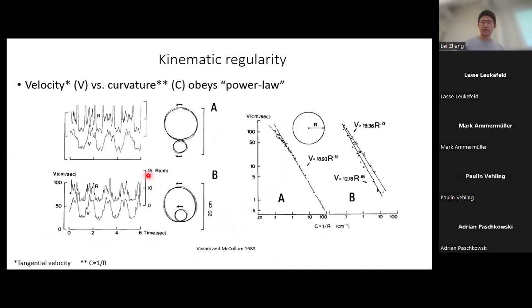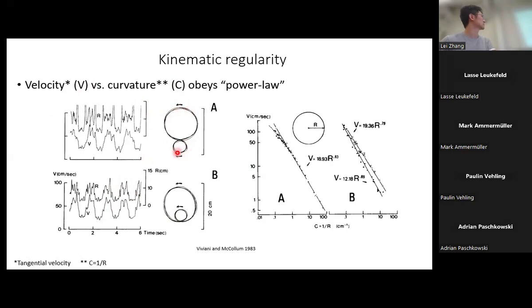Another example is when we make a circular movement, like drawing. Here we look at the velocity and curvature. Curvature is 1 divided by the radius. If you have a flatter, more straight path, the radius is larger, so curvature is low. And at this lower curvature, you have faster velocity.